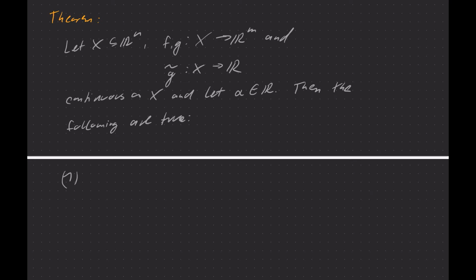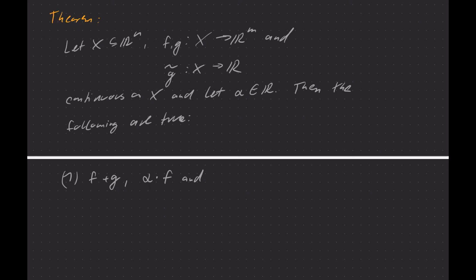First, the sum of two continuous functions is again continuous. The multiplication of a continuous function by some constant, alpha, is continuous, so alpha f is continuous. And also the multiplication of two continuous functions, if it is defined, is continuous.